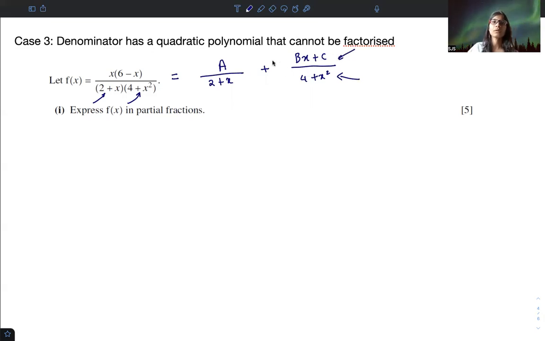Okay. And now the next few processes are the same. We have to find a, b, and c by the process of elimination, sometimes also substitution. So let's see how we can do this.